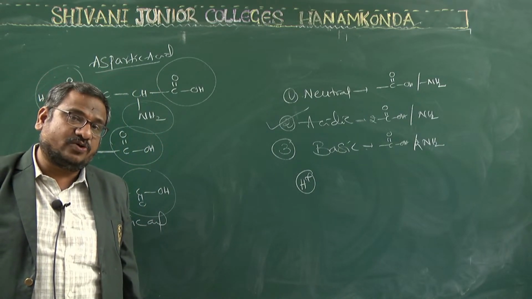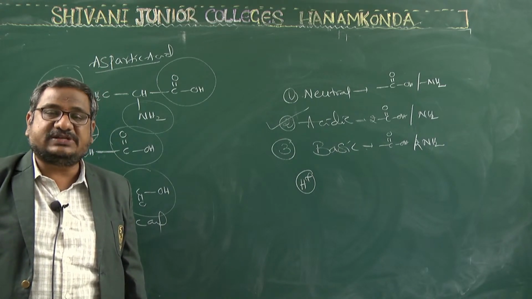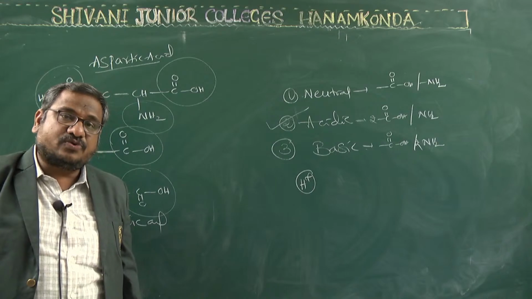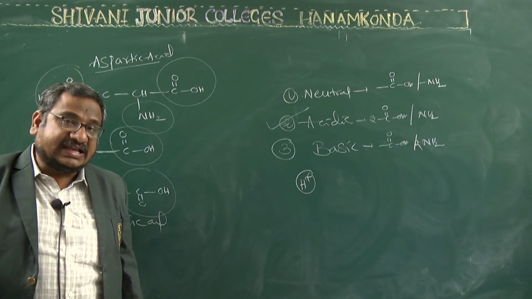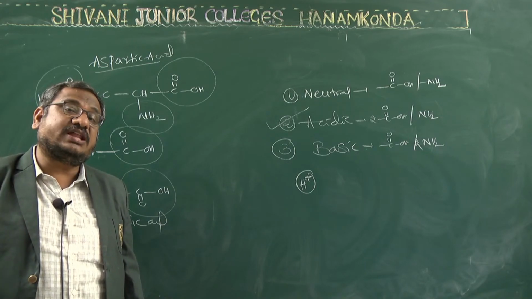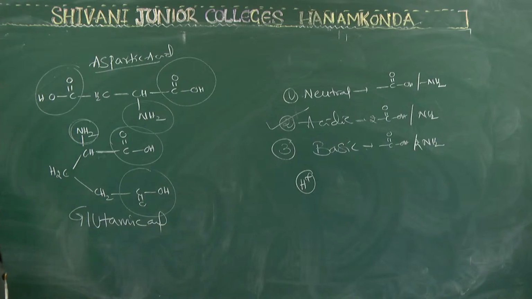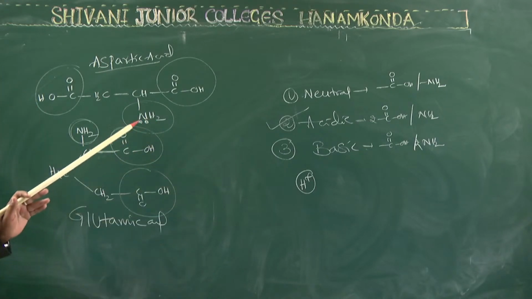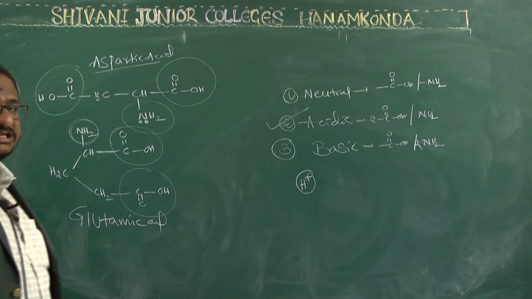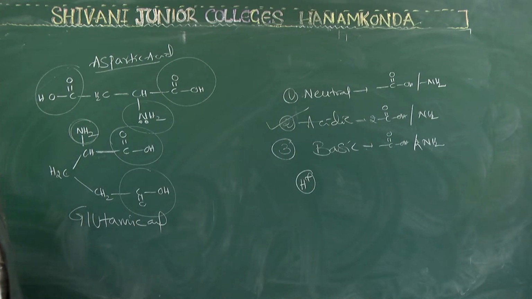Next, Lewis acid base theory: electron deficient compound is acid, electron excess compound is base, or electron acceptor is acid, electron donor is base. In the amine group, nitrogen has a lone pair of electrons, which has donating property. So according to Lewis acid base theory, the amine group acts as basic.